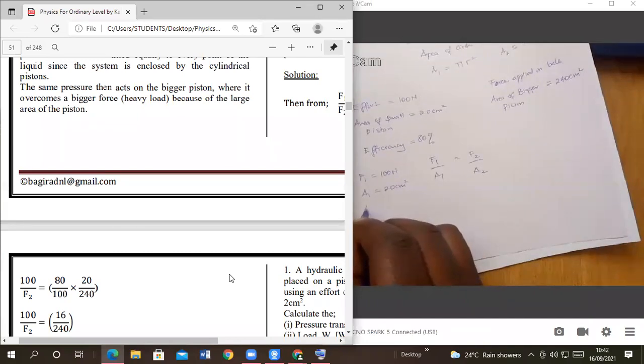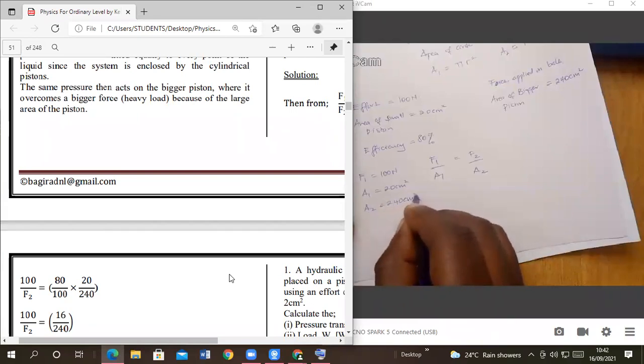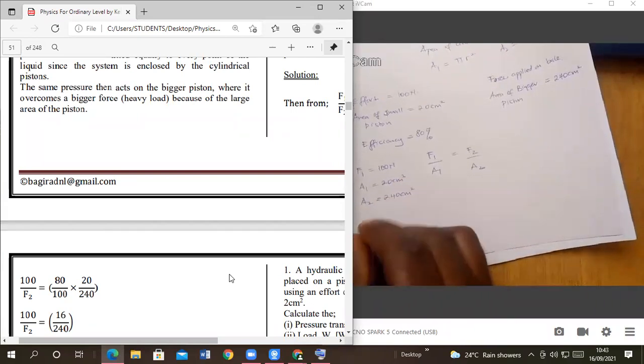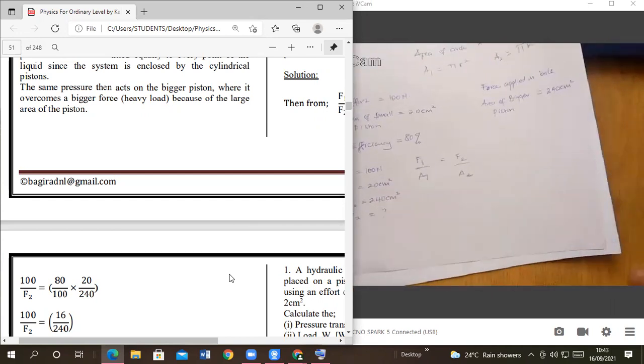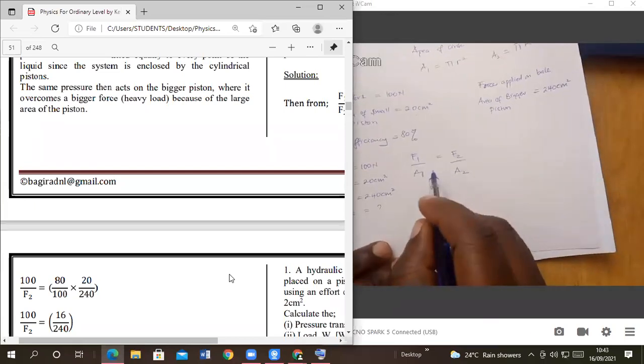Our A2 is 240 centimeters squared. But then our F2 is not given, so it is unknown.